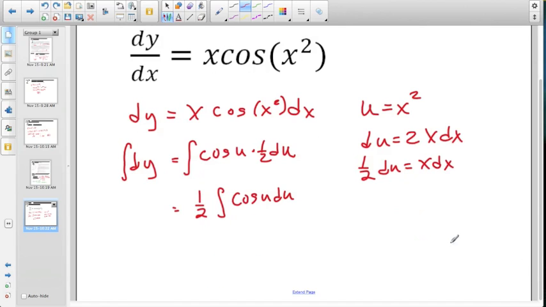And when we integrate cosine, we get the sine of u plus a constant of integration, and substituting back in our value for u is sine x squared plus c. So there is the general solution for that differential expression.